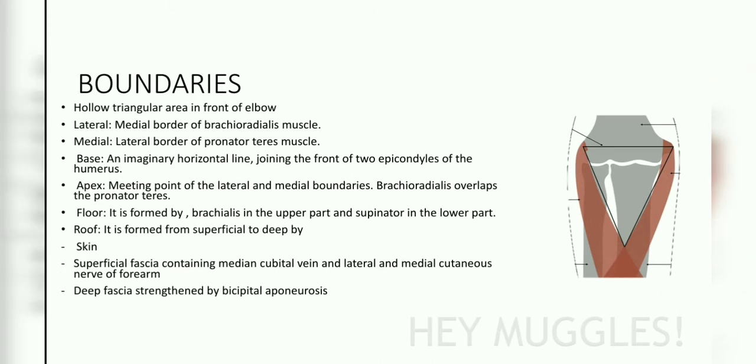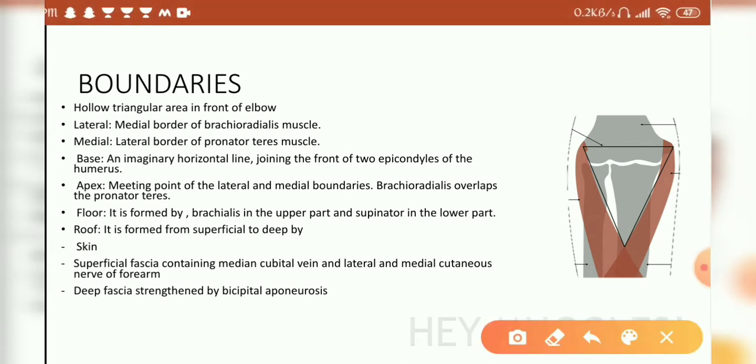Coming to the boundaries of your cubital fossa. The lateral boundary is formed by the medial border of brachioradialis muscle, right? So this is your brachioradialis muscle, and the medial border of brachioradialis is forming the lateral boundary of cubital fossa.